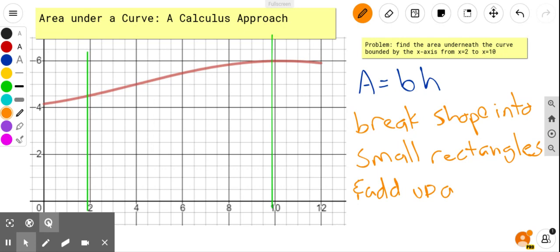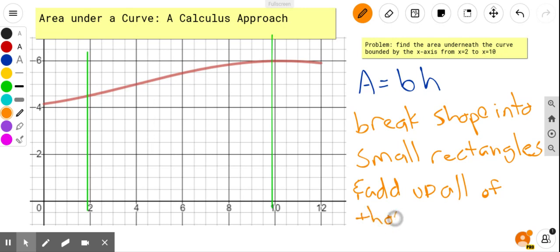Add up all of those rectangles. Okay. So if I do this, it makes sense because the more rectangles I can break this up into, the better of an estimate I can get.